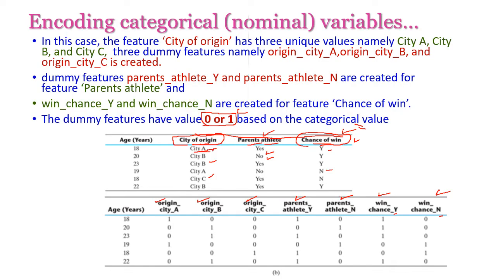For origin city A, if it is city A the value is 1, otherwise 0.